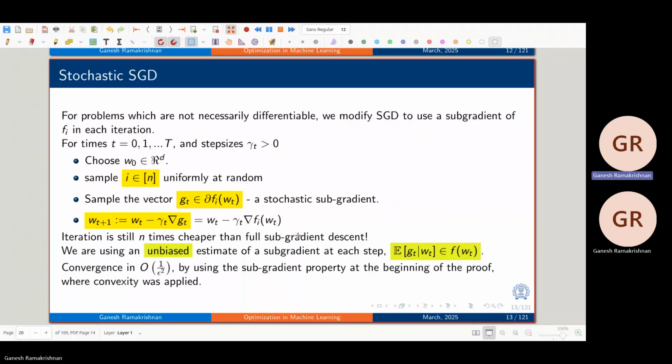Okay, so going back, how would you modify stochastic gradient descent to bring in mini batches? Where will you make the changes? Sampling i uniformly at random, you may want to make a change here.